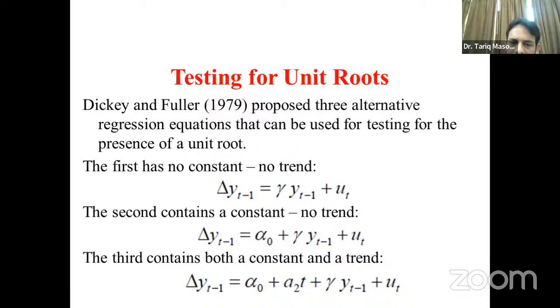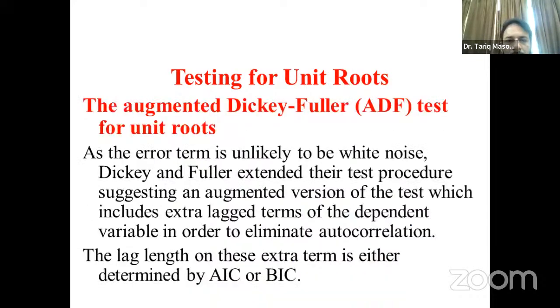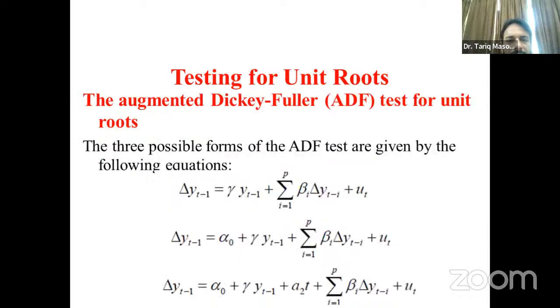When we add a constant, we add alpha 0. When we add constant and trend, we add alpha 0 and a times t in the equation. And in the augmented Dickey-Fuller model, apart from all those things, we also add some lagged values of the dependent variable.